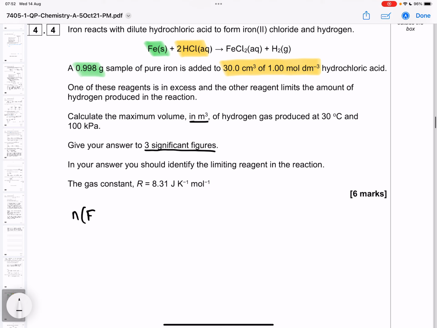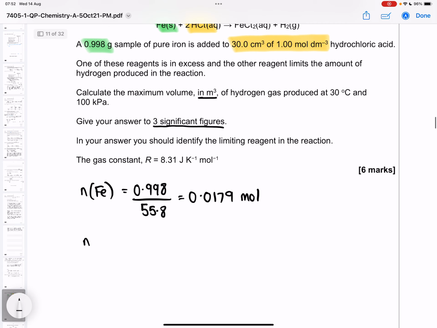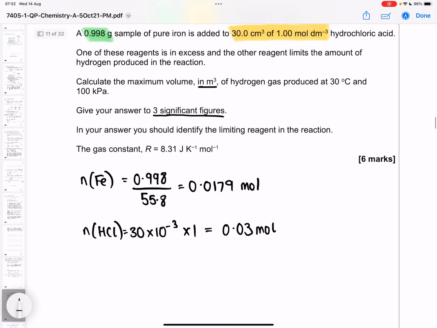So the number of moles of Fe, 0.998 divided by 55.8 on your calculator. And then I'm going to do the number of moles of HCl. So 30 centimetres cubed into decimetres cubed, 0.03 moles.